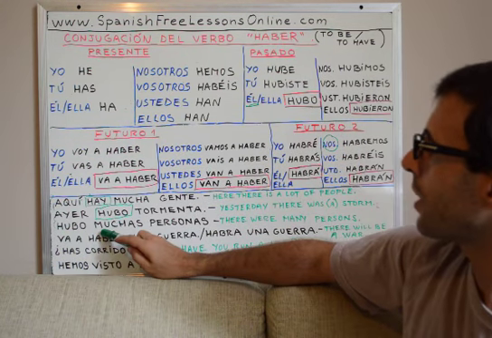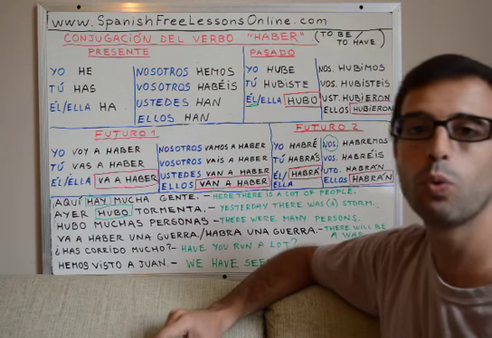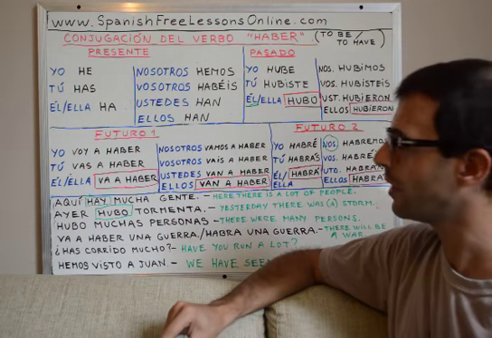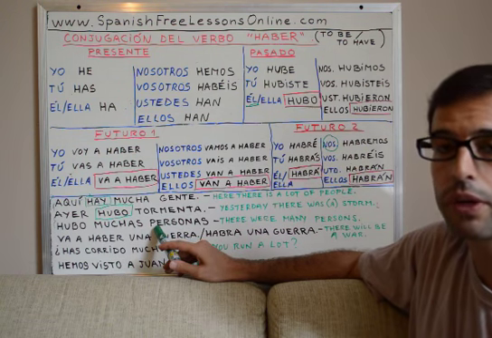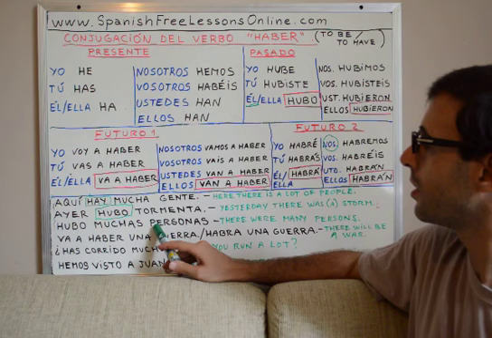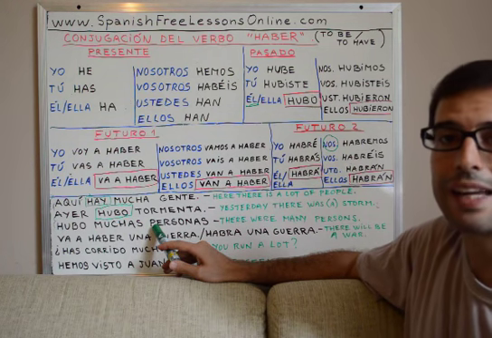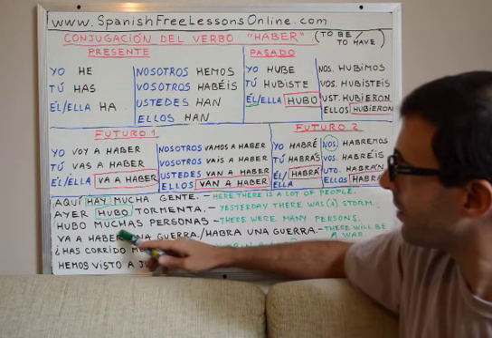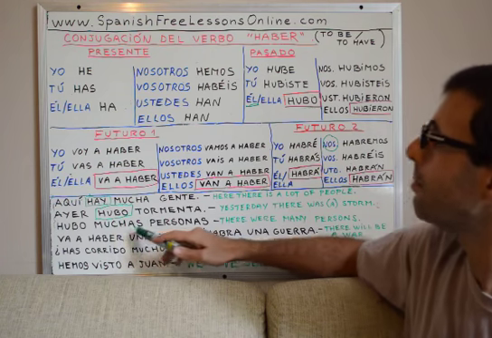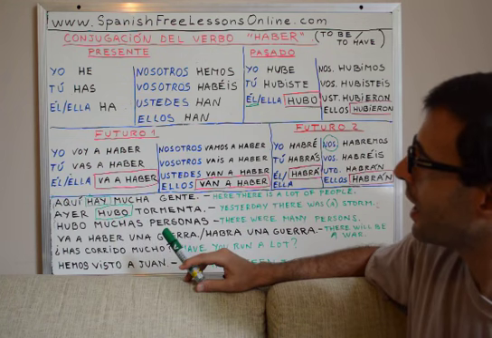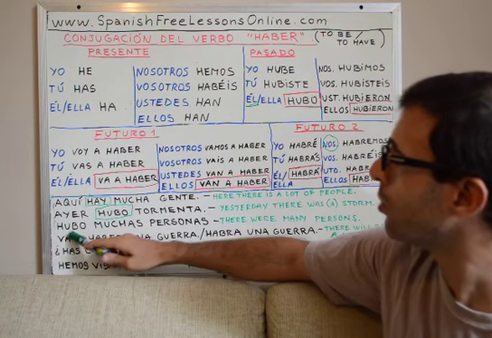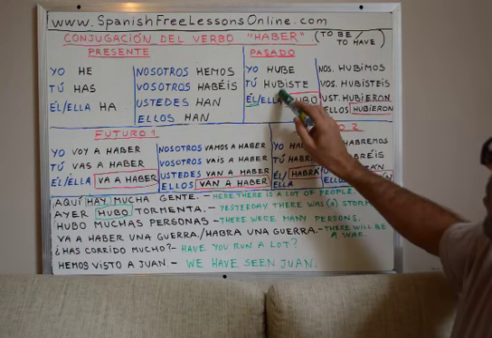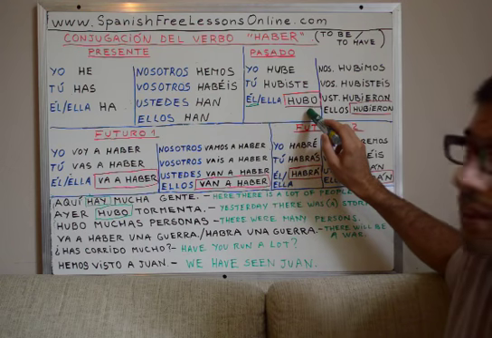Hubo muchas personas. Hubo muchas personas. And look at this. Personas means persons. There were many persons. So persons is countable, and you can see here muchas personas, many persons, countable, and plural, right? However, we use hubo. Look, we say there is.